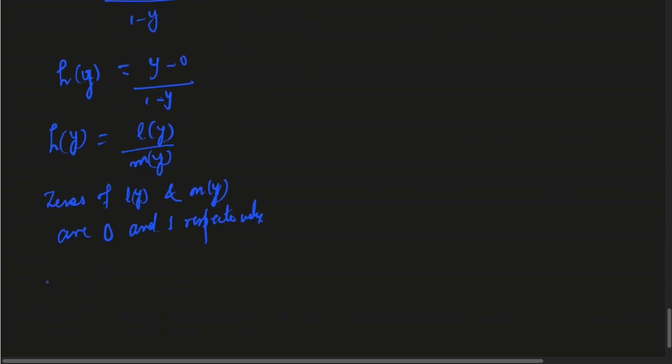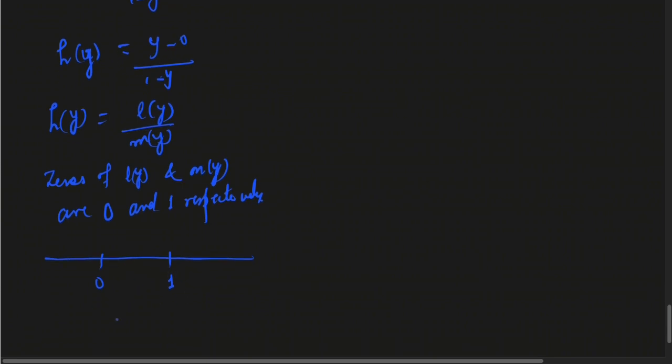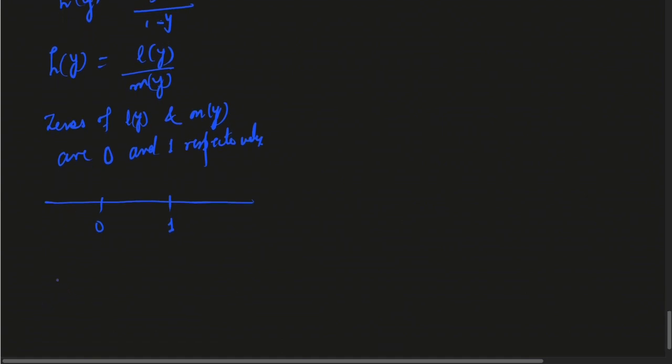Then we'll represent these zeros on a number line. So let us represent 0 and 1 on a number line. Now we will choose a number greater than the largest zero. The largest zero here is 1, so we'll choose a number greater than 1. Let us choose it to be 2 and find the value of this function h at 2, that is h of 2.